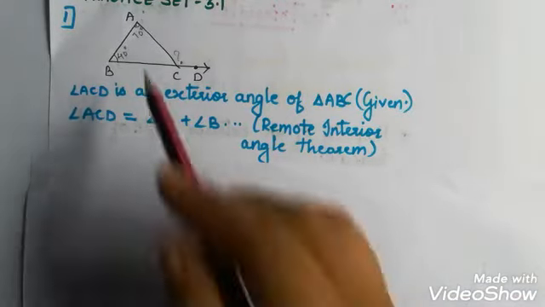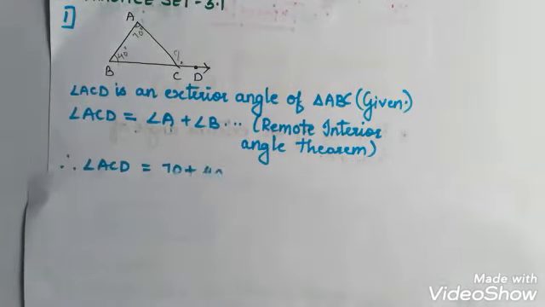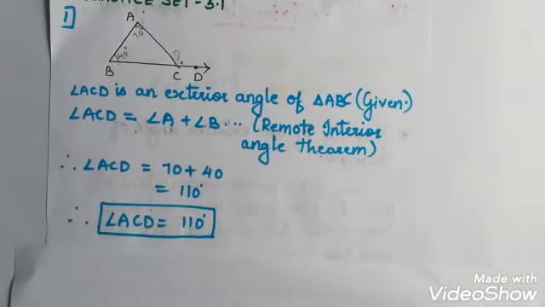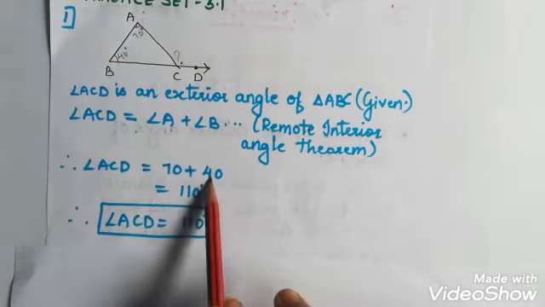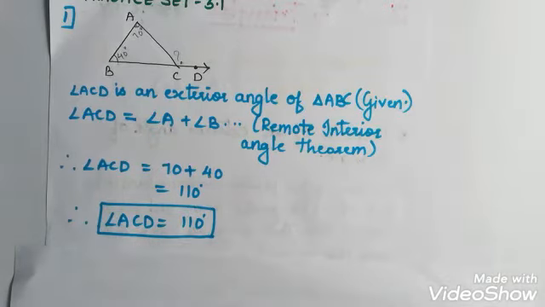Now angle A and angle B have been given to us, so in place of angle A and angle B, I will write the value for angle A, that is 70 degrees, and the value for angle B, 40 degrees. That is equal to 70 plus 40, which is 110. So I write the answer: angle ACD is equal to 110 degrees.